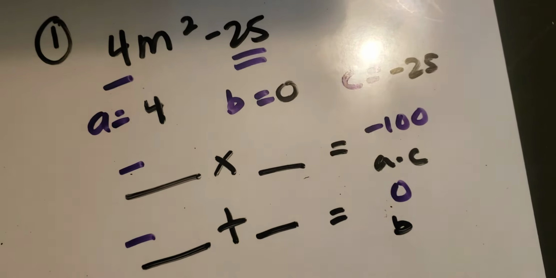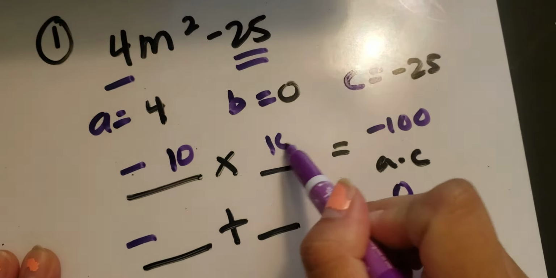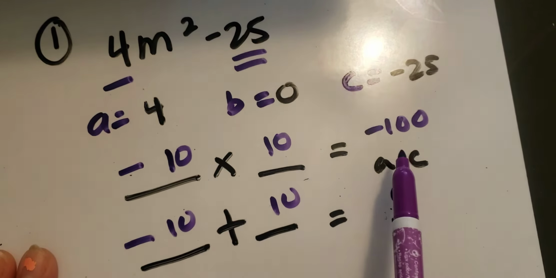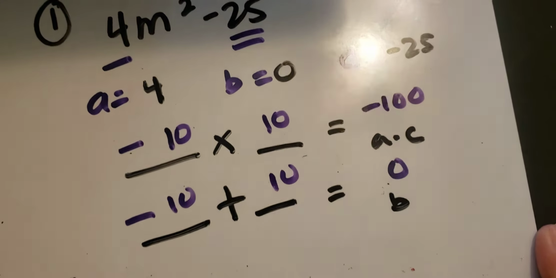So can you think of those numbers? If you chose negative 10 and positive 10, that's perfect. Negative 10 times 10 gives you negative 100, and negative 10 plus 10 gives you 0. Now we follow yesterday's procedure.